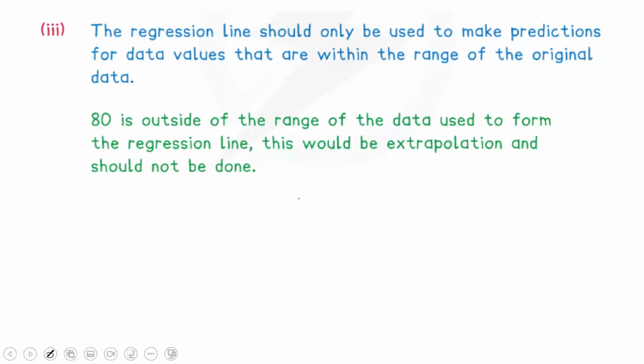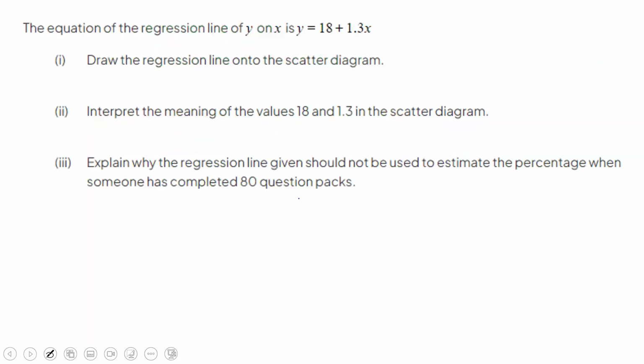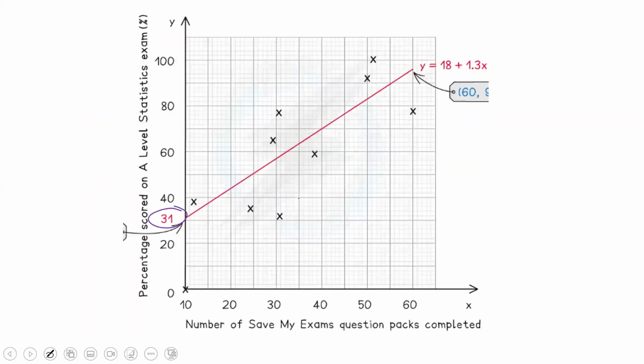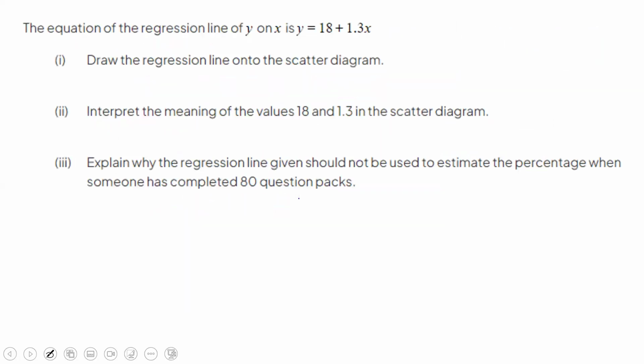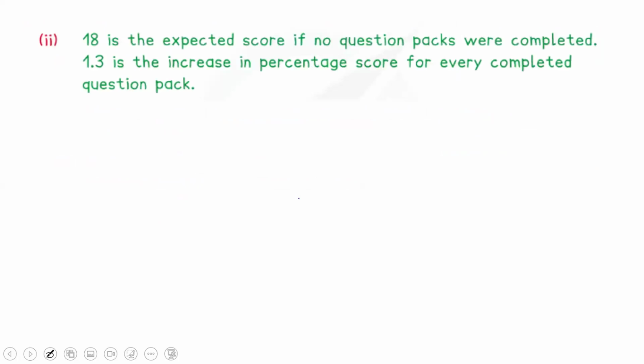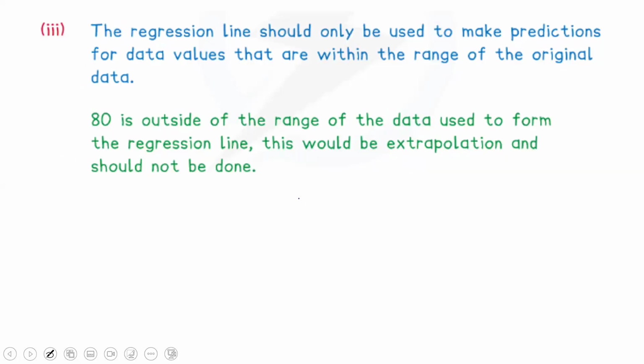In O level, we can also extend a graph, but then it will be a graphical guess, as our recorded data is still around 60. So 80 is outside the range of the data used to make the regression line, and extrapolation should not be done.